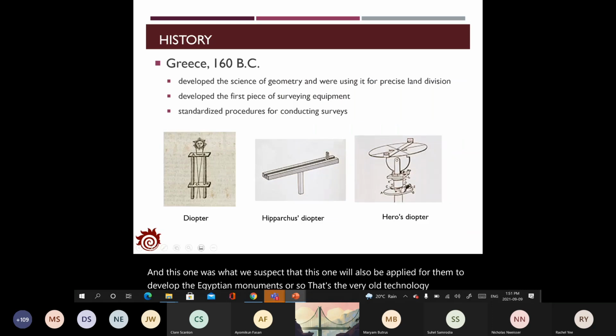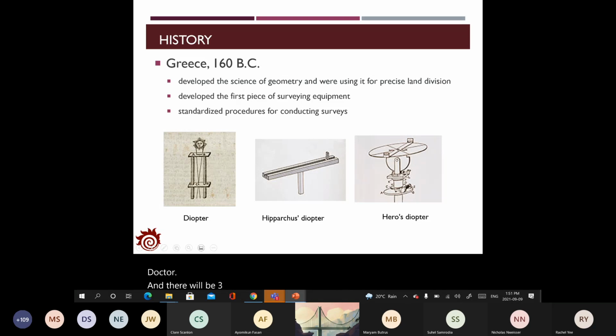Later on, in 160 BC in Greece, they developed several tools to conduct very precise surveying, also usually applied to land division. The first piece of surveying equipment is called the diopter, and there are 3 types of diopters that you can see in this slide.